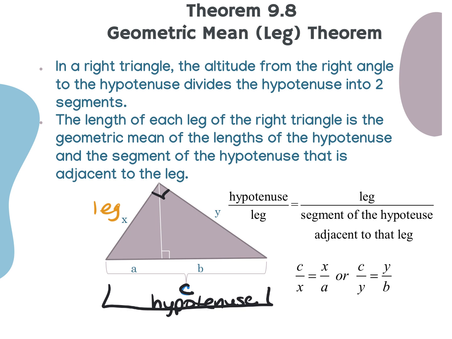And then I have another leg, which I'm going to label Y. Y is a leg. And then A is my segment 1. And B is going to be my segment 2. And then I'm going to label my altitude here as a Z.